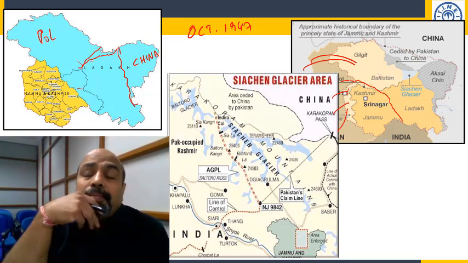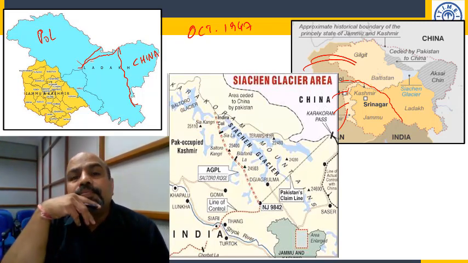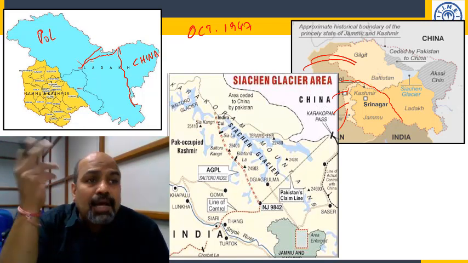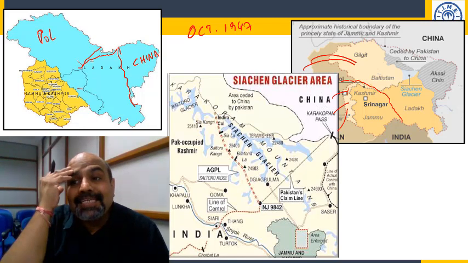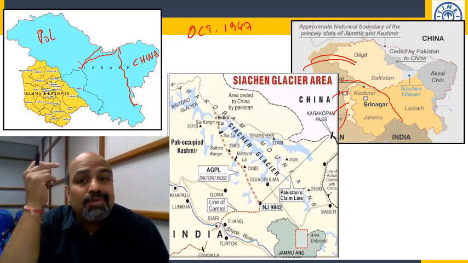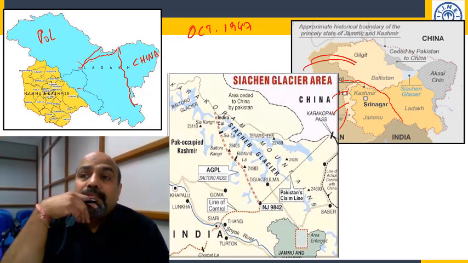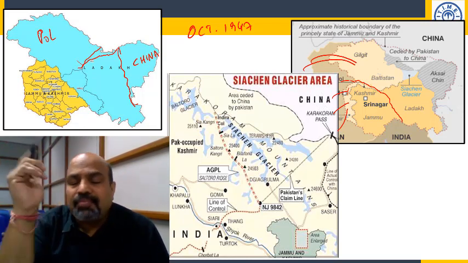But the Maharaja of Kashmir, Maharaja Hari Singh, approached India. He sought India's help. He asked India for military help, but India refused. India said, look, you are a sovereign country, and we do not want to be seen as taking advantage of your position to send our military and occupy that land.